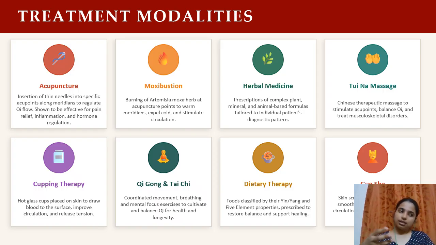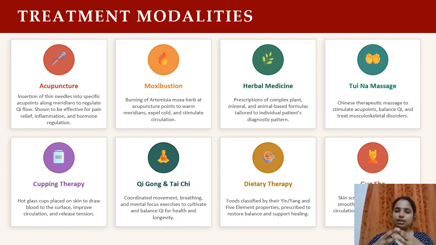It is done to release tension and inflammation in the body. The pus or the excess fluid in the body comes to that hot area and gets removed, or the blood circulation improves by cupping therapy.